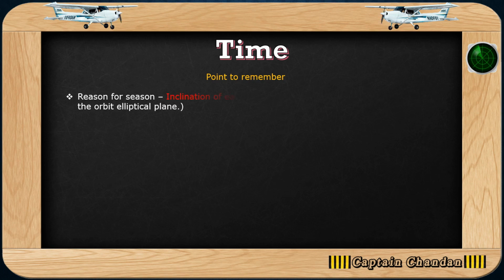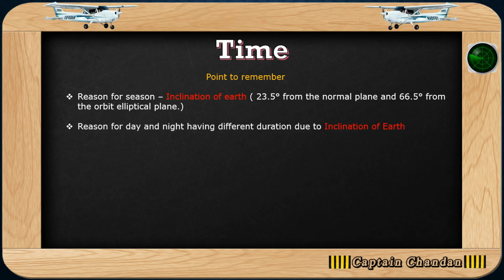Point to remember: the reason for the season is the inclination of Earth. Due to the inclination of Earth, there is a season, 23.5 degrees from the normal plane and 66.5 degrees from the orbital elliptical plane.